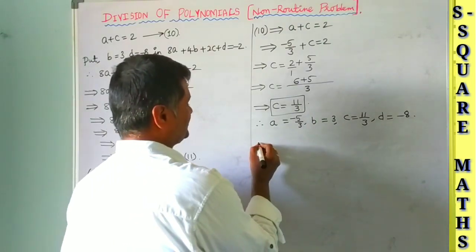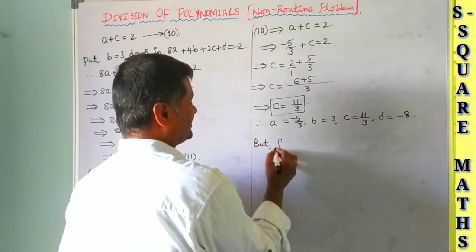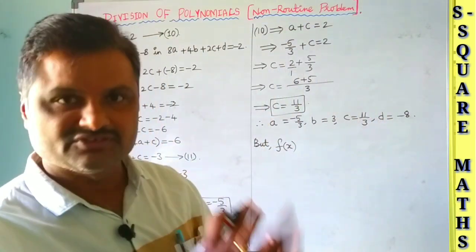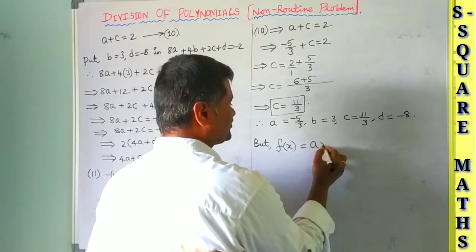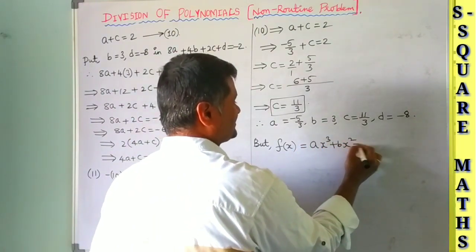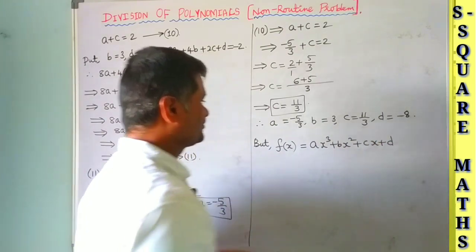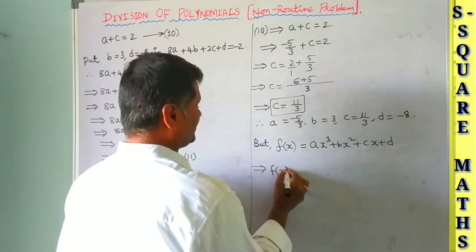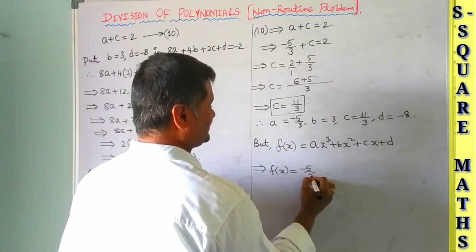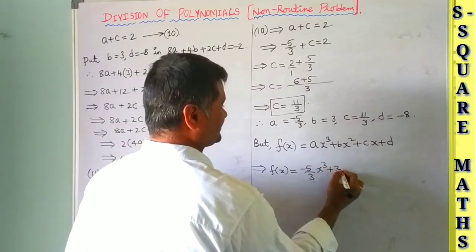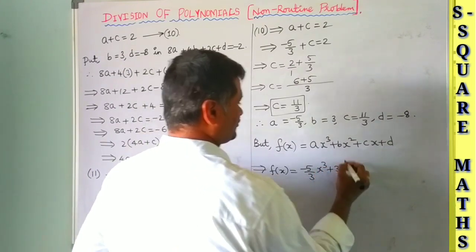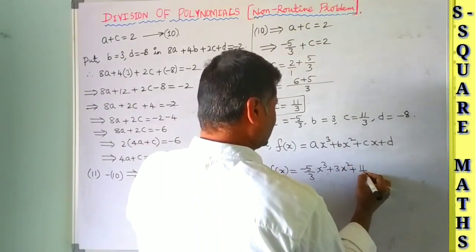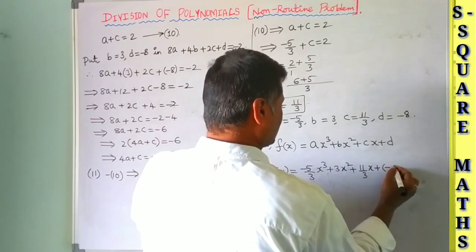What is our f of x? Our f of x is a cubic polynomial, third degree polynomial, in standard form. Initially we have taken ax cube plus bx square plus cx plus d. Substitute all the values a, b, c, d we got so far. So now f of x is equal to minus 5 by 3 x cube plus 3x square plus 11 by 3 x plus d is minus 8.